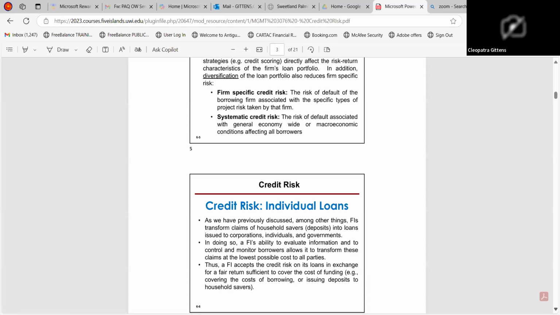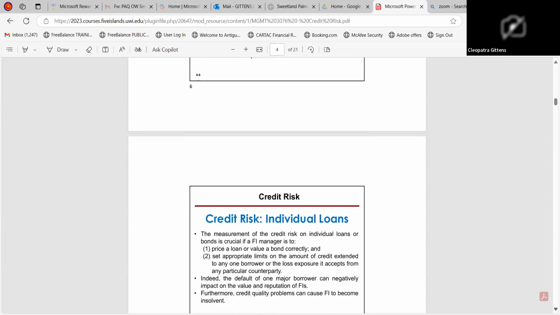So because it takes money from us, from depositors, and it has to pay back the depositors, it has to give depositors some sort of reward for using the money. So what it charges on its loans has to be able to cover the cost of issuing the loan, right? And so we're going to look at that.